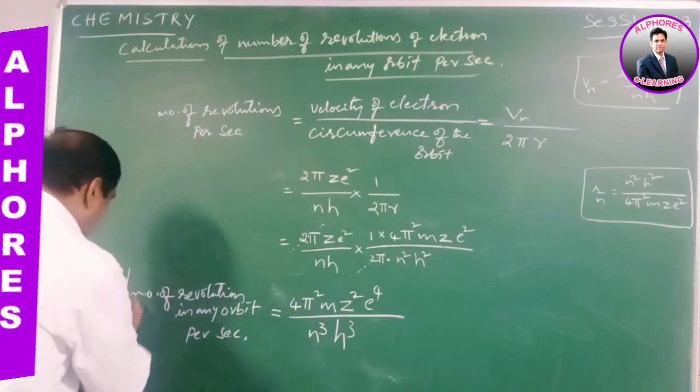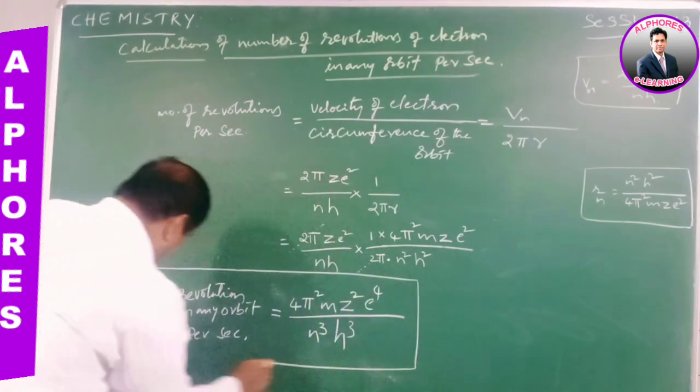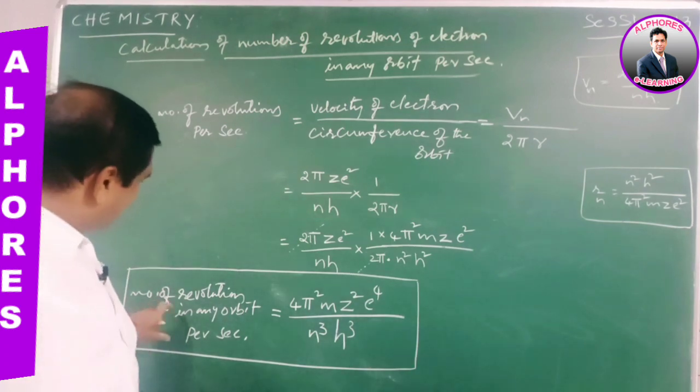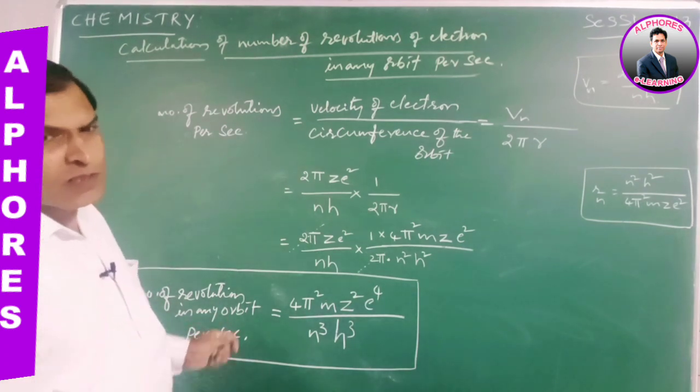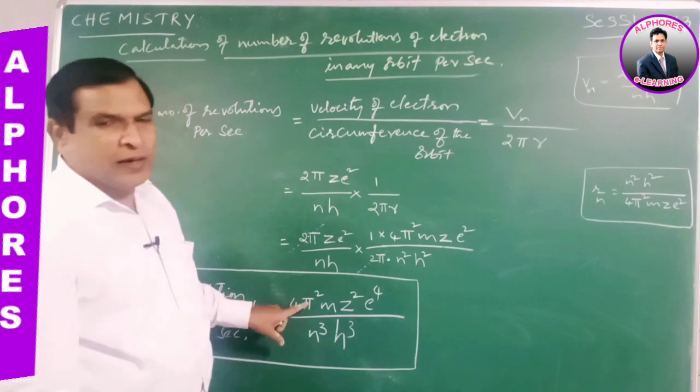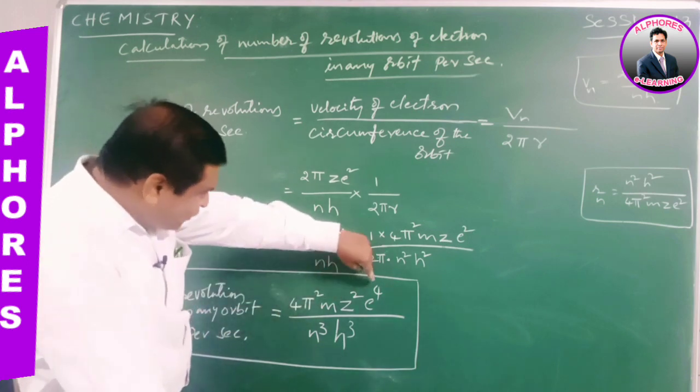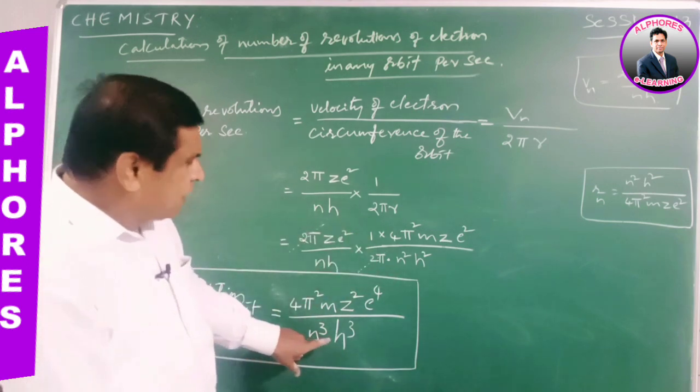This is the equation we can use to calculate the number of revolutions in any orbit per second, that is 4π²mZ²e⁴ by n³h³.